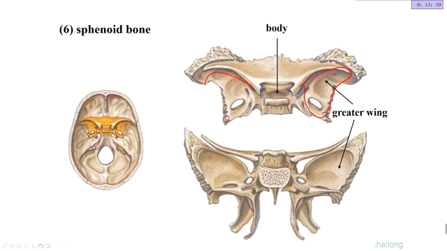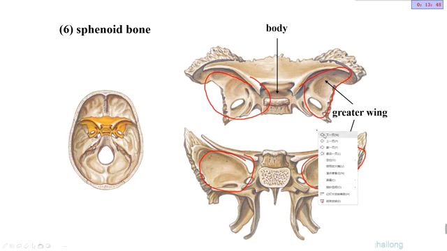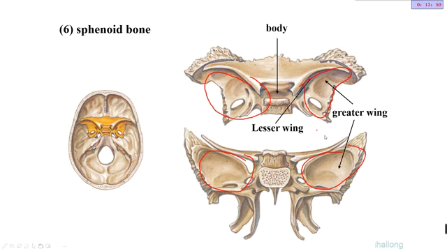Right and left greater wings. From this picture, left and right greater wings. Okay. And the second wing is the lesser wing. Here, the right lesser wing and left lesser wing, left and right lesser wings. Okay.